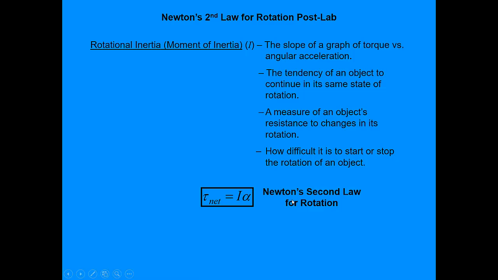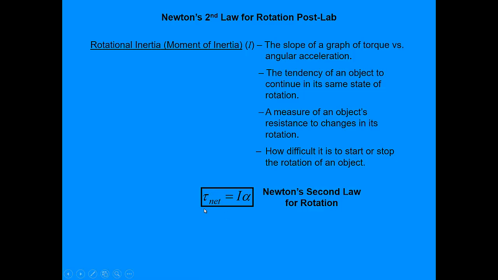So we kind of had to come at it a little bit different than we did Newton's second law linearly. But again, notice the similarities. Net force equals mass times acceleration linearly. Net torque equals rotational inertia times angular acceleration rotationally. Now it has all of the issues that F equals ma does, but with all of the extra complications that rotation has.